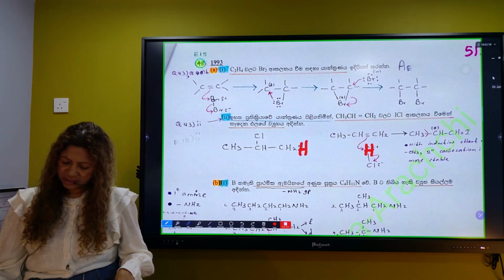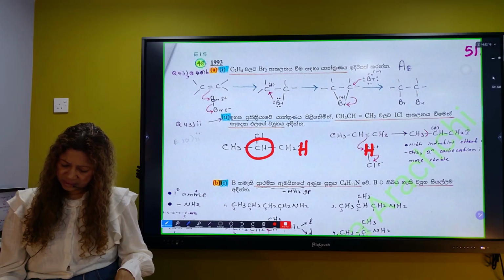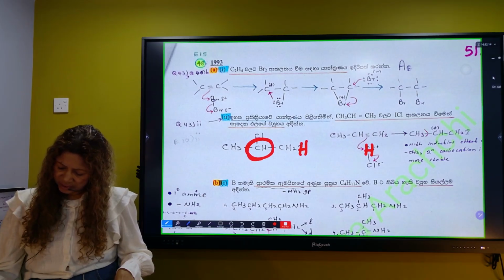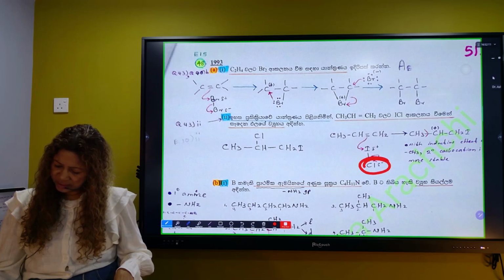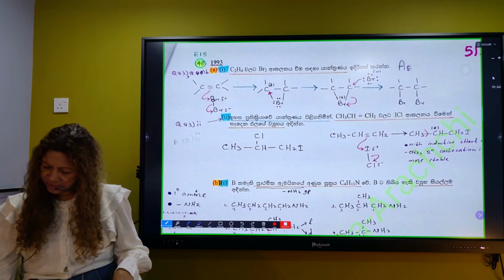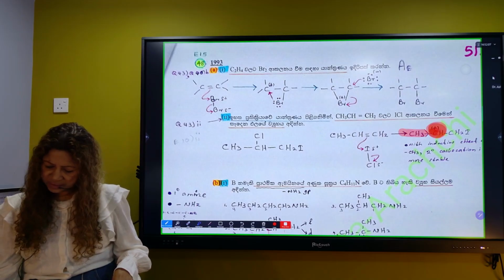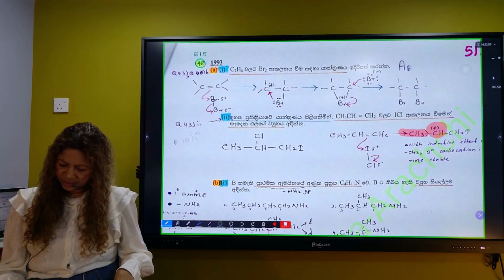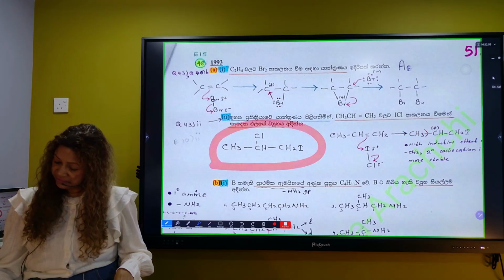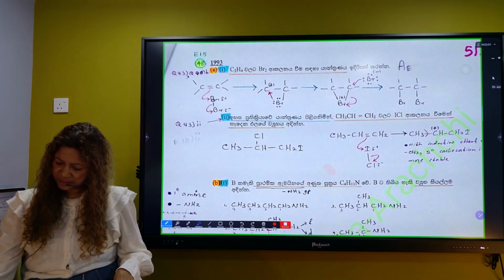You are getting the more stable secondary carbocation, so the more electronegative one is joining there. With the inductive effect, this one is more stable. They are only asking this. But if they ask the mechanism, this is supposed to be the mechanism.